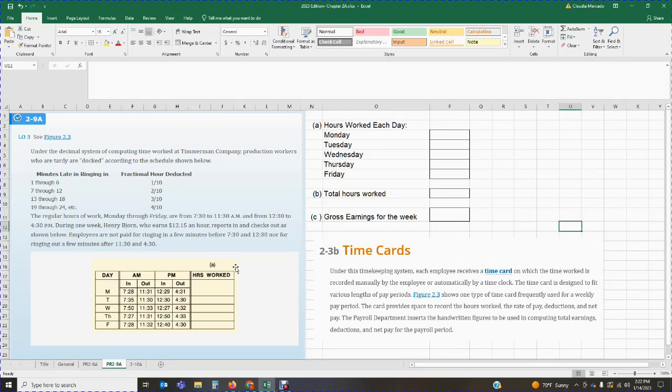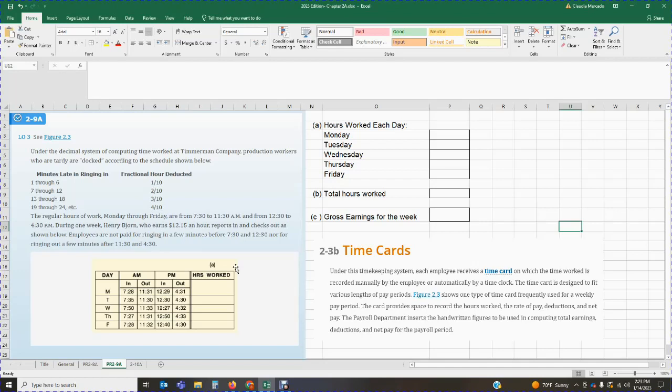Now, time cards. Your textbook has a lot of important and useful information that explains what a time card is and the different types of time cards available. Basically, a time card is a system designed to keep track of how many hours you work daily. There is a variety of ways to keep track of your time. Some people clock in using a computer.